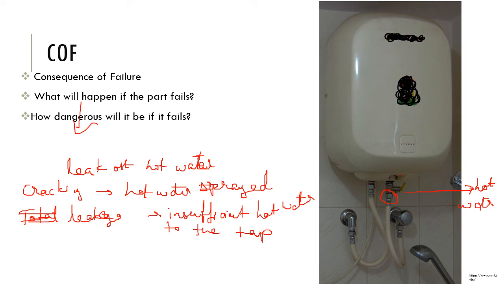Most of the water will probably just go down rather than going through the tap to the showers. And finally, external corrosion. If it is external corrosion, then it can lead to both of the above, and it will also lead to breaking or breakage of parts of that screw as well.